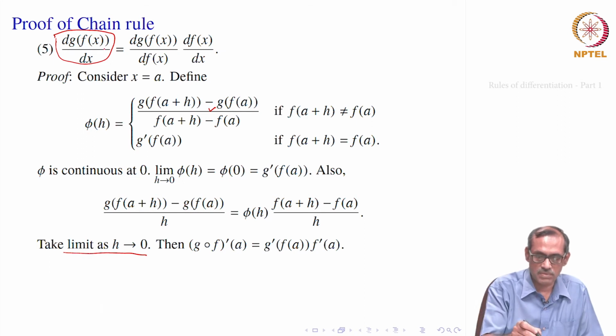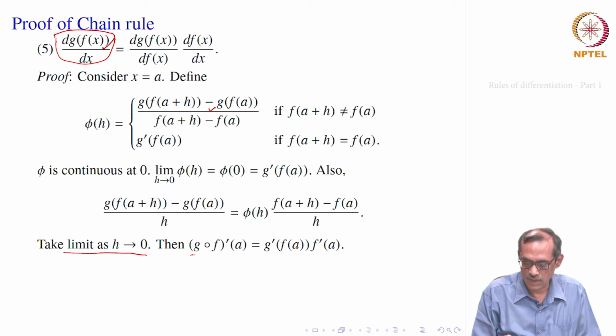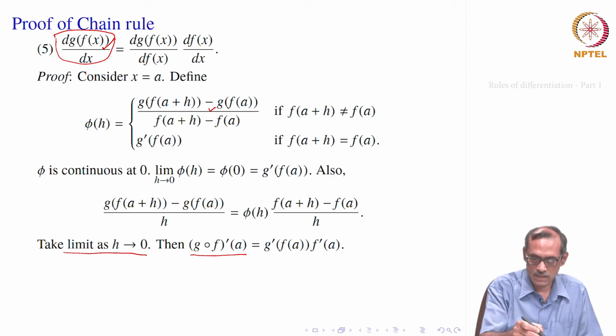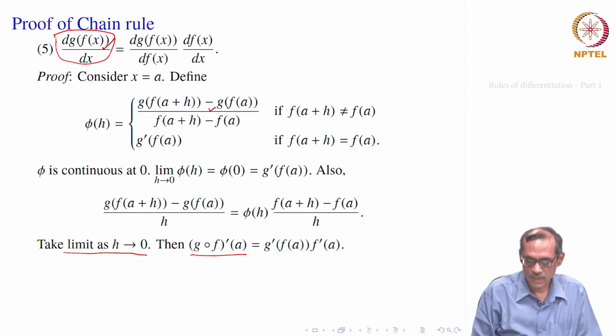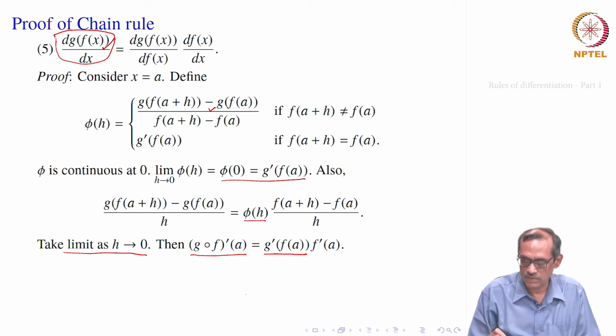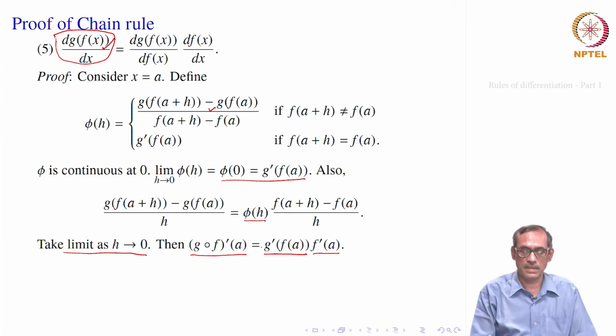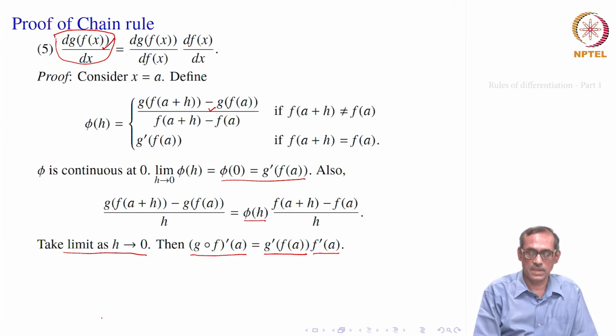So, the left side gives this limit, which is the derivative of the composition, d of g of f of x by dx at x equal to a, and the right side gives phi of h. Now, phi is a continuous function. So, that gives you phi of 0, and phi of 0 we know to be g prime of f of a. And the limit h goes to 0 of the second factor gives you f prime of a. So, that is how we get the derivative of the composition, or the chain rule.